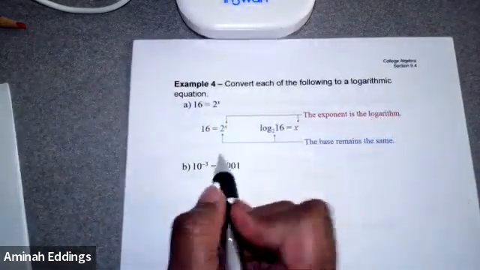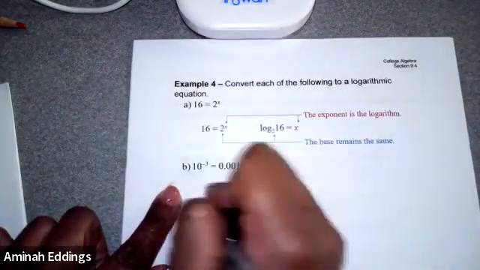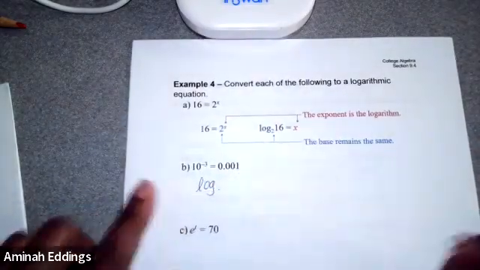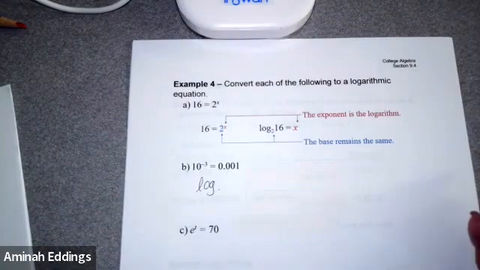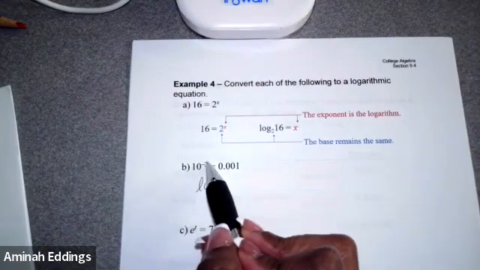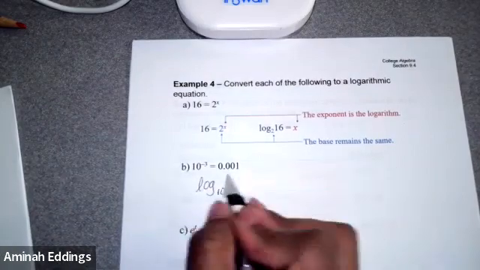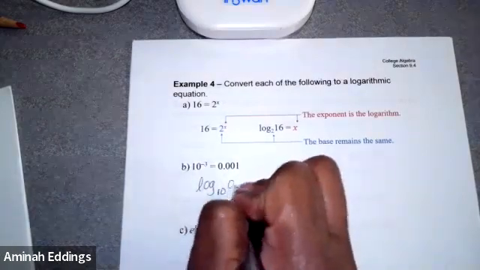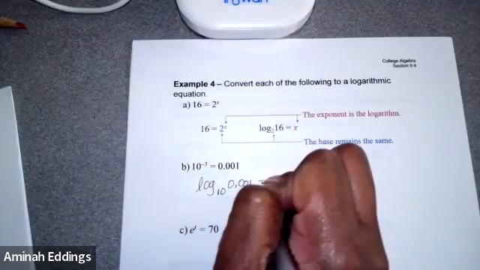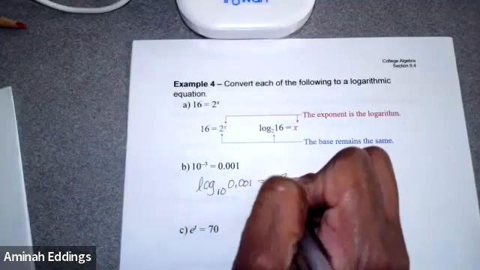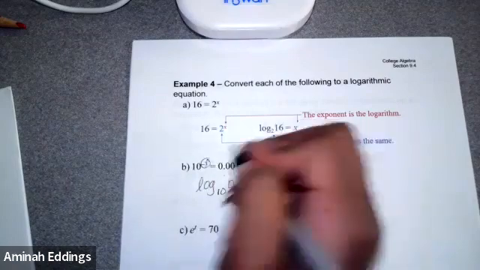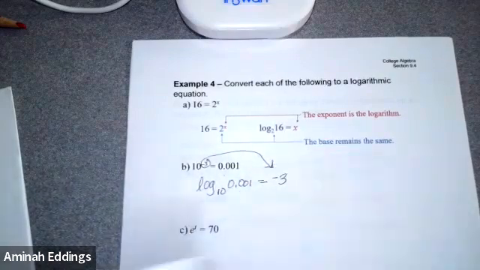Okay, what about B? So we begin with log, okay, what's my base? That's my exponent. What's my base? 10. So log base 10 of 0.001 equals -3. Remember, my exponent is my logarithm.